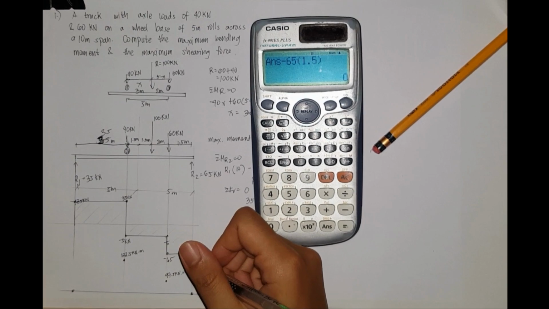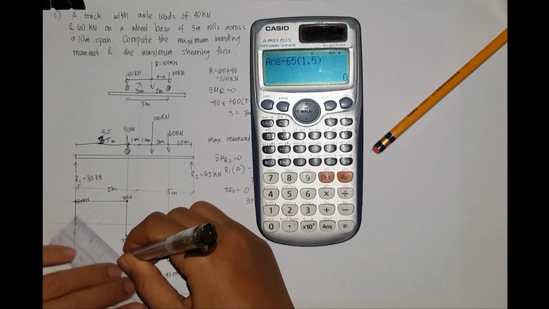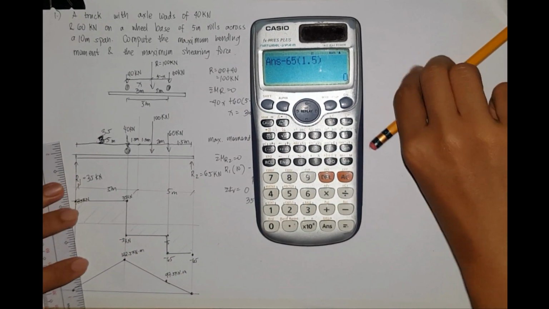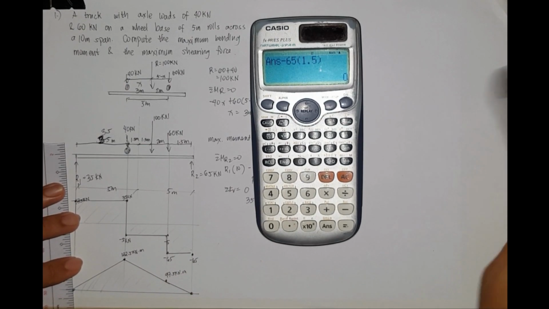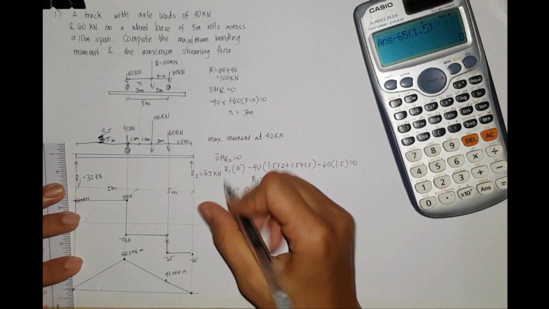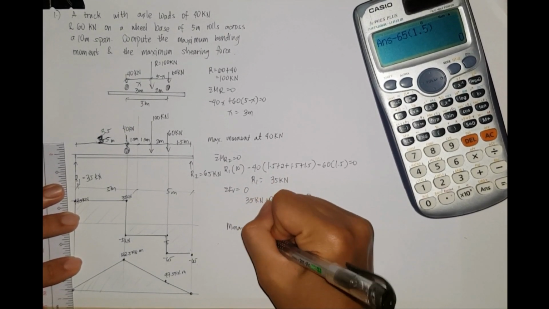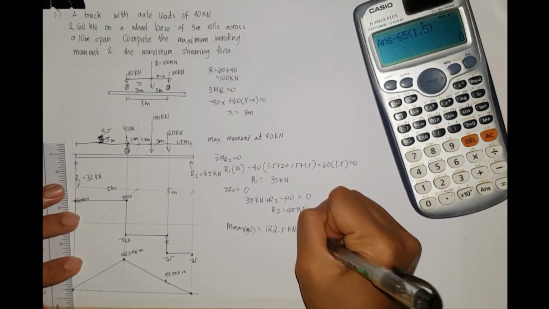Ayan, nag-close yung ating moment diagram. So ito yung ating moment diagram. So 1 degree lahat yan. So the maximum moment, Mmax, at 40 kilonewton is 122.5 kilonewton dot meter.